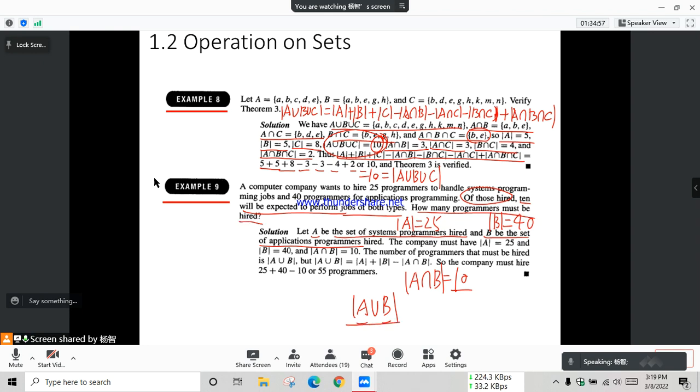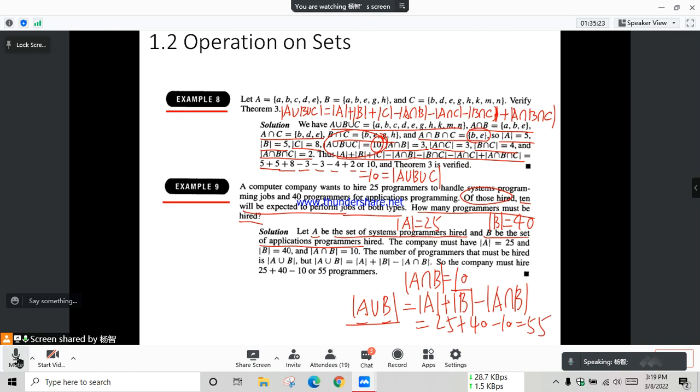So we use the inclusion and exclusion property. It is equal to 25 plus 14 minus 10, which equals 15.5.